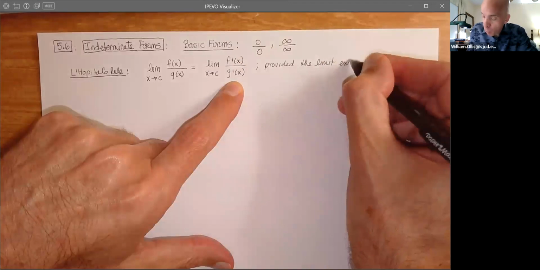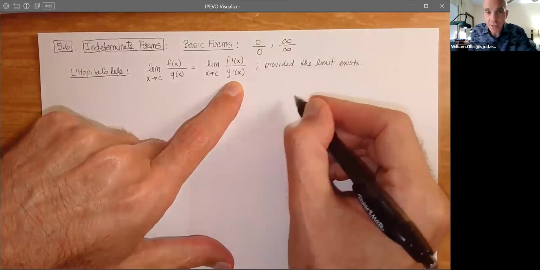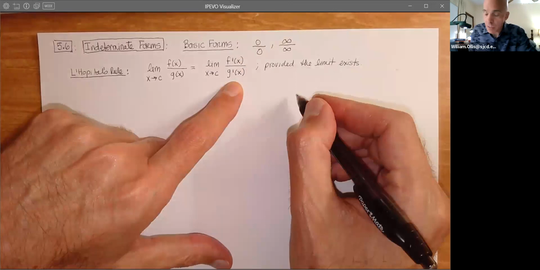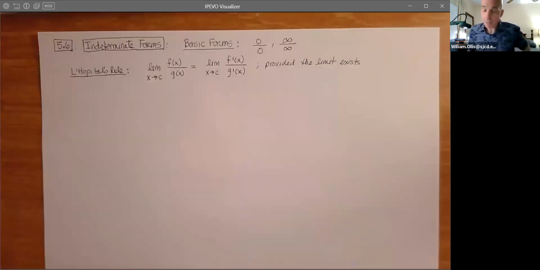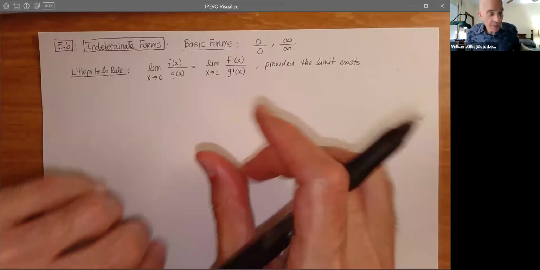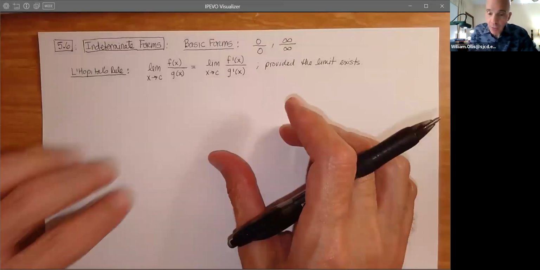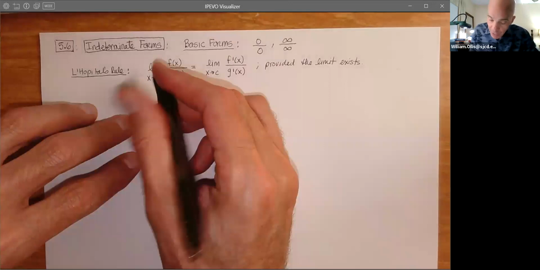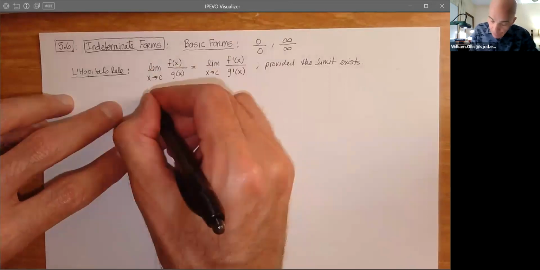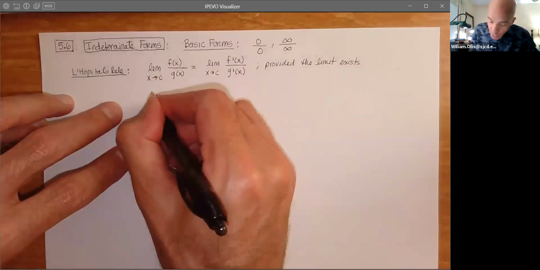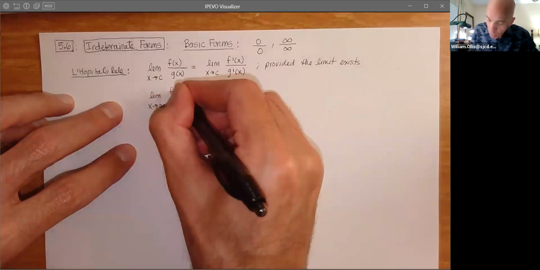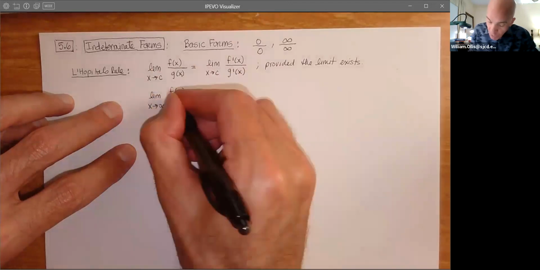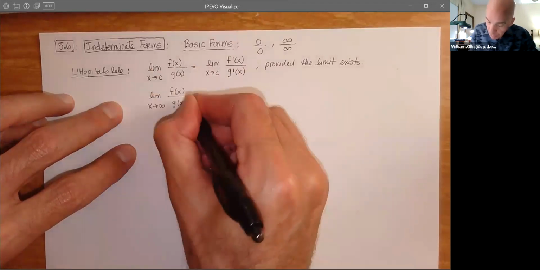And of course, in Cal 1, you learned how to do this without this theorem. Some students who already knew it would apply it anyway, which is fine. It's good to develop your algebra. Another example of this would be the following. If you have x passing to infinity, where you also meet one of these indeterminate forms, you can apply the same rule.